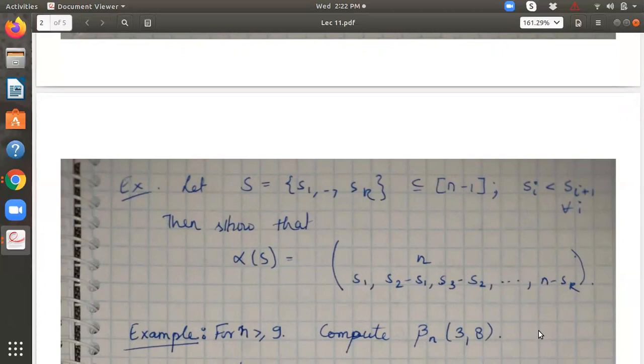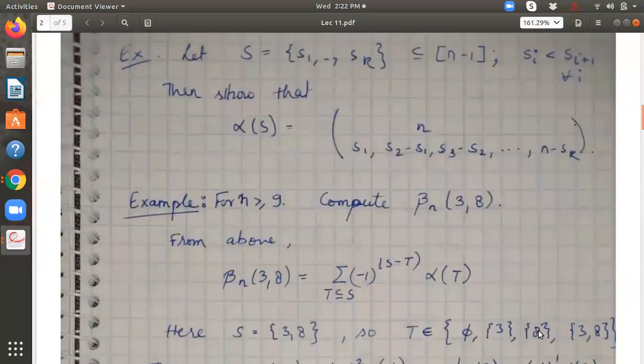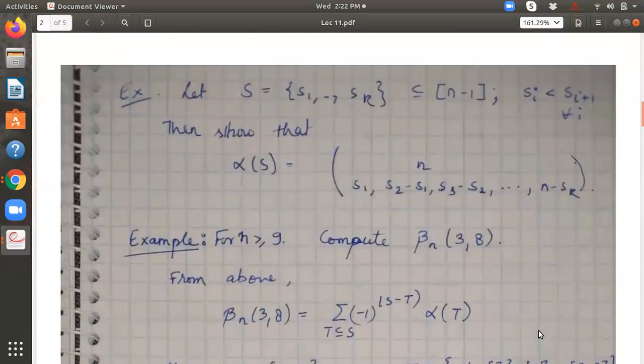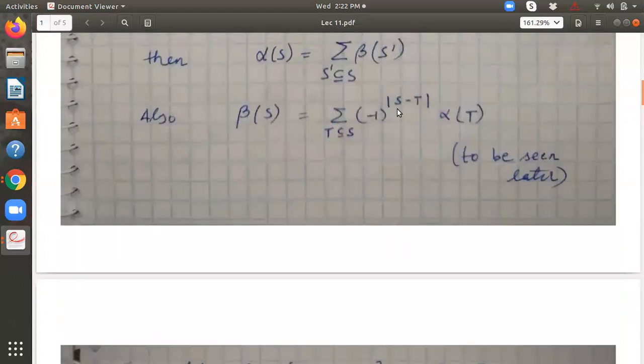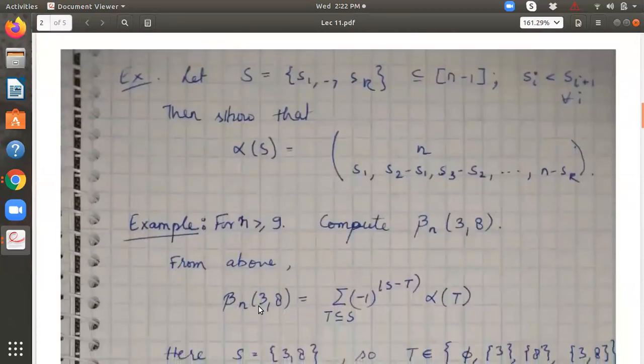So I can rewrite beta n of {3, 8} using this equation as the summation of minus 1 raised to the cardinality of S minus T, times alpha of T, where it is a bar, not a bracket, and the summation runs over all subsets T of S. Here S is the set {3, 8}.